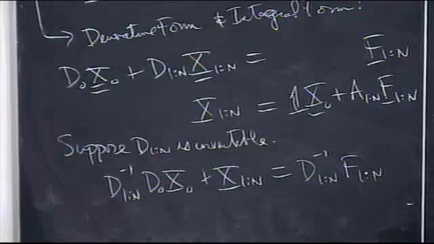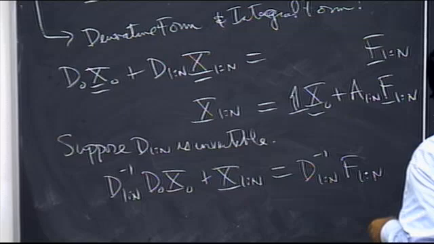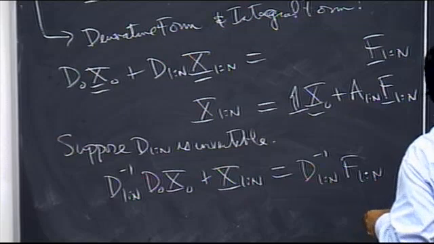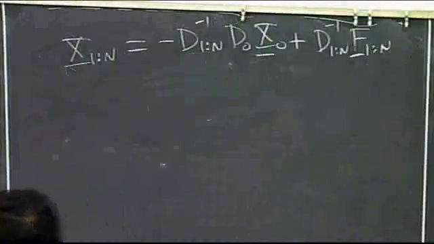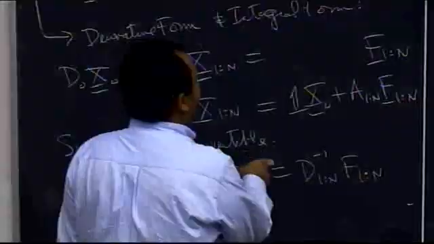So if I rearrange this, I get x of 1 colon n is equal to, I pull this to the other side, minus D 1 colon n inverse times D0 times x0 plus D inverse 1 colon n f of 1 colon n. Well, now that starts to look a lot like this down here, doesn't it, right?